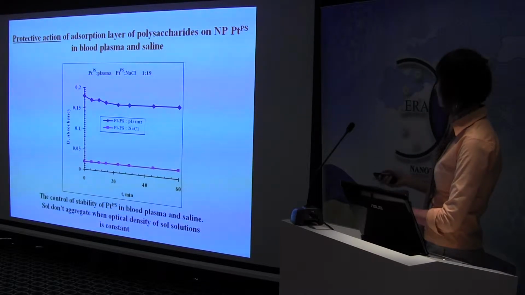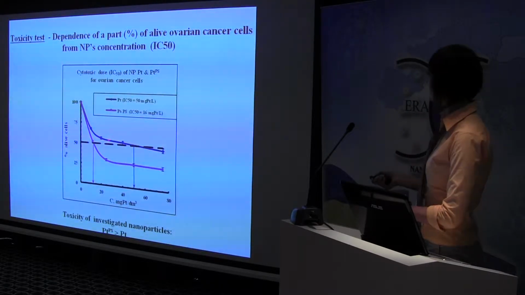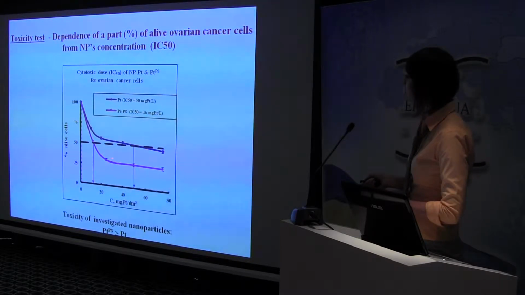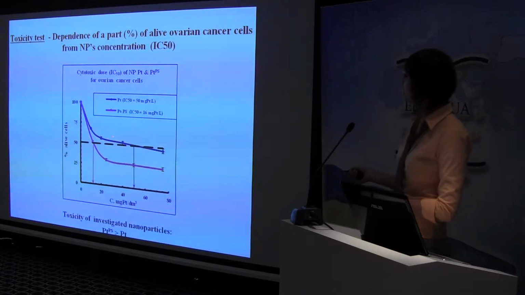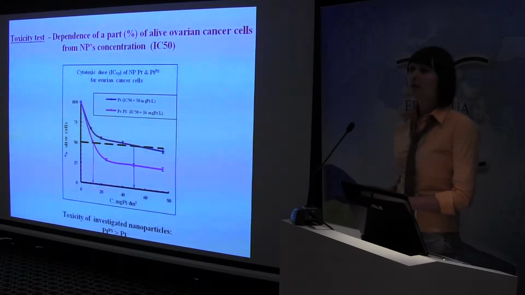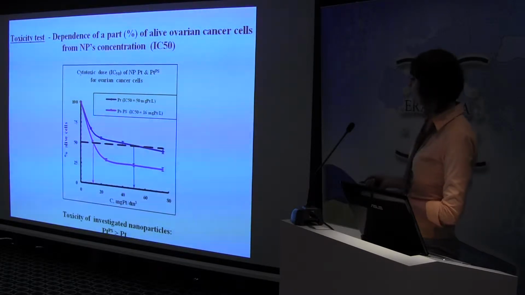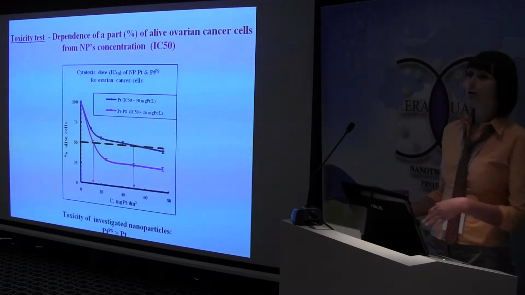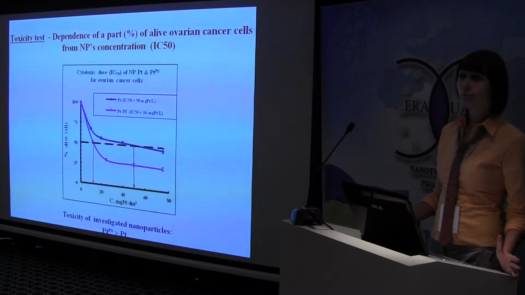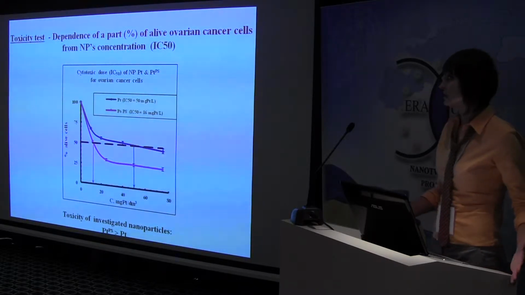So, 15% of ovarian cancer cells die after 16 milligrams per liter of platinum with polysaccharides, but naked platinum shows this effect at a high concentration, about 15 milligrams per liter. So, platinum nanoparticles coated by polysaccharides are more toxic than naked platinum.